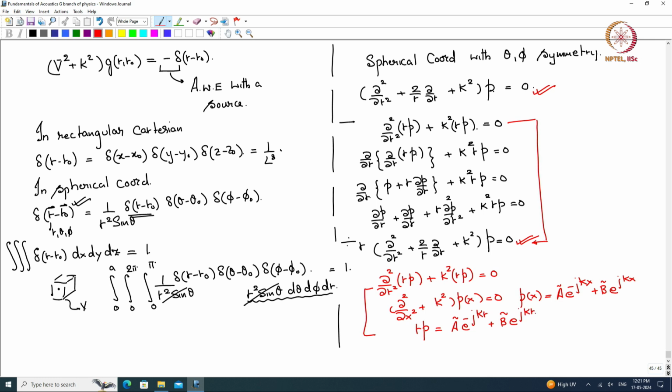Just by similarity, ∂²/∂x² plus k² has this solution, and here ∂²/∂r² plus k², so rp will have the same solution. So now p looks like A tilde over r e to the power of minus jkr plus B tilde over r e to the power of jkr. That is the solution to this homogeneous form.